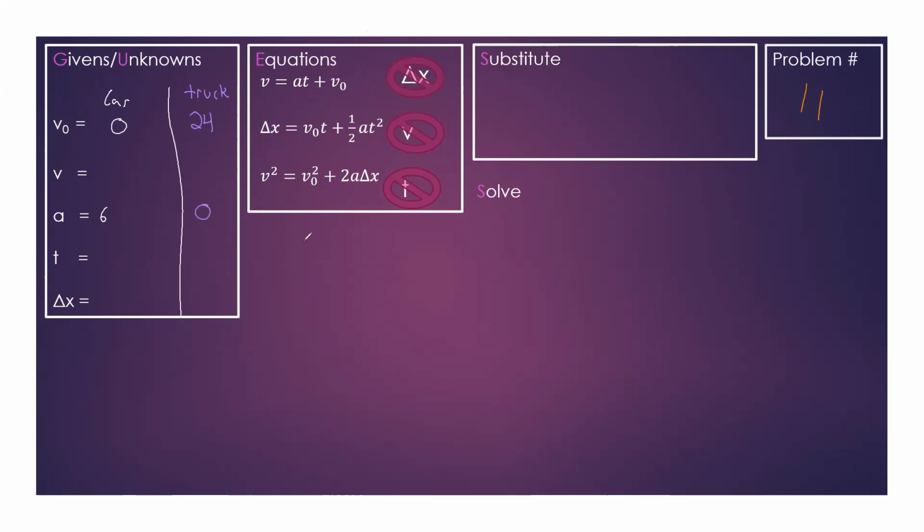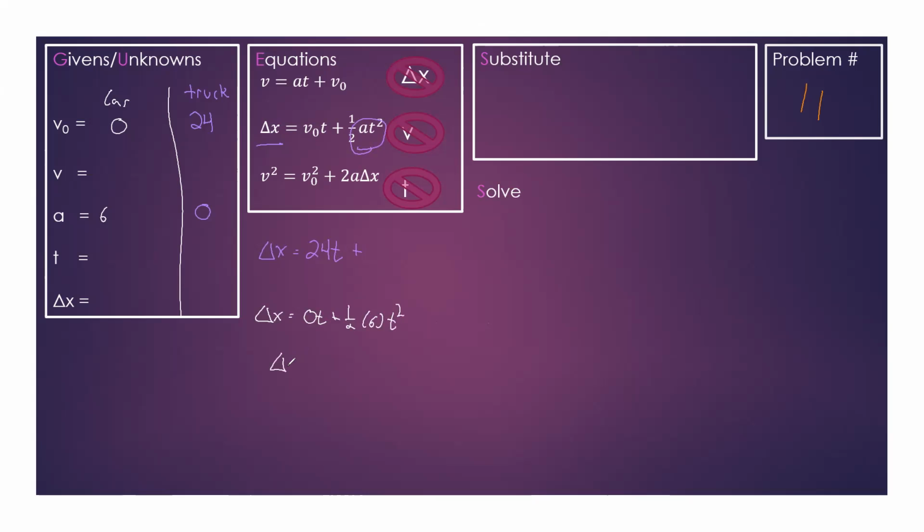So again, if I set up the equation for the truck, I can use essentially this equation right here and say delta x is equal to v naught t plus 0, because if your acceleration is 0, this whole term is going to become 0. Then I can set up the car, which is going to be delta x equals v naught t plus 1/2 a t squared.